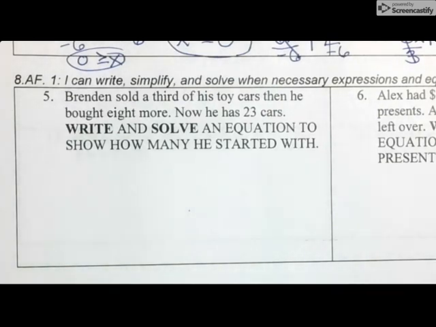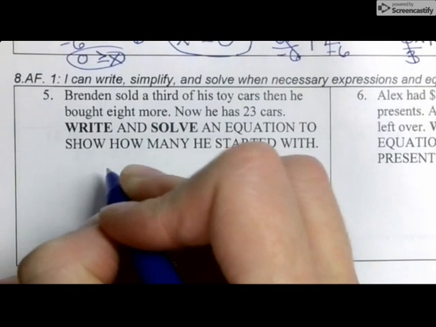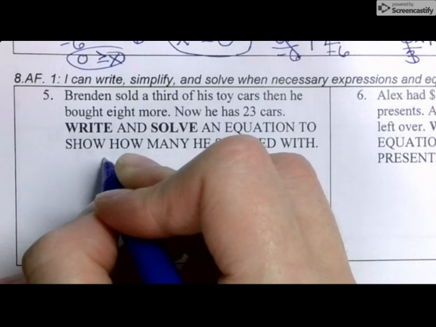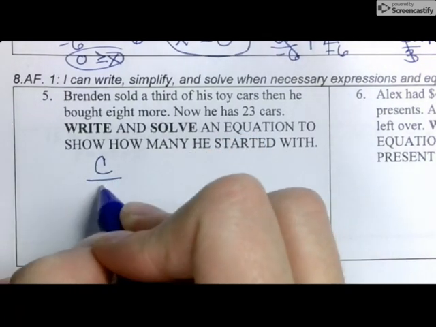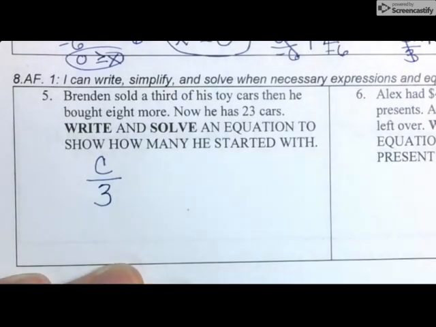Okay, so he sold a third of his toy cars. What's a third? What does that mean? Dividing. And it says third, so that means 3. So I'm taking the cars that he started with, and I'm dividing by 3.